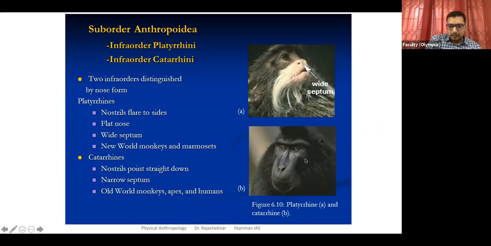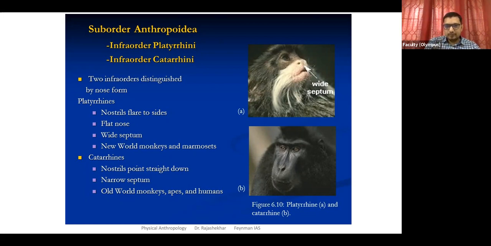So these are called Old World monkeys. These are called New World monkeys. They have flat noses and nostrils facing on the sides. And the septum, if you notice, the septum means the connection between two nostrils. Because to place them on the side, they have to have a wide septum, a wide separation.